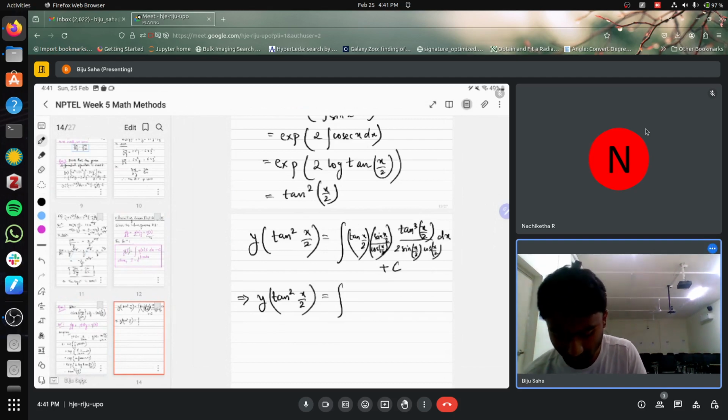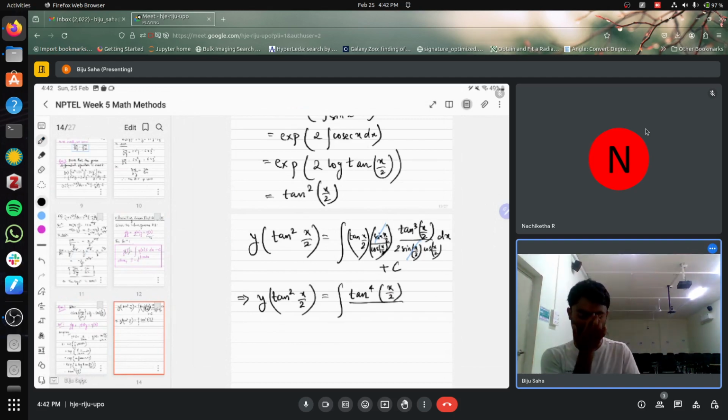So this sine x and this sine x cancel. What you're left with is this in the numerator and then 2 cos squared x by 2.